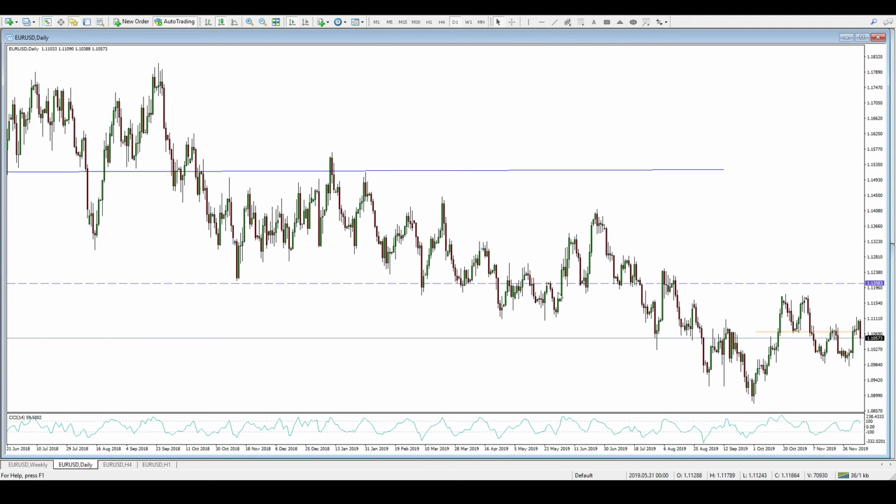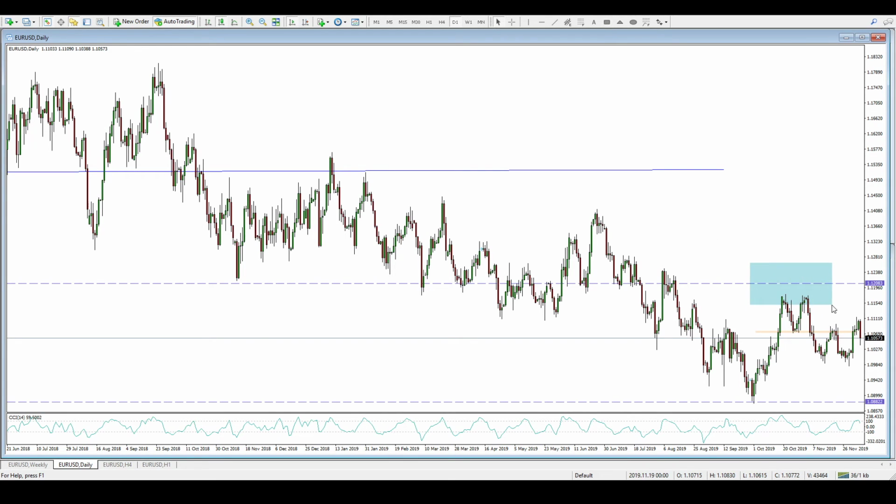Let's zoom in. Right? Now again, we have support here. Support broke. Now it retested the support right here.